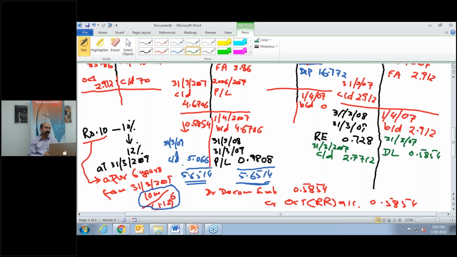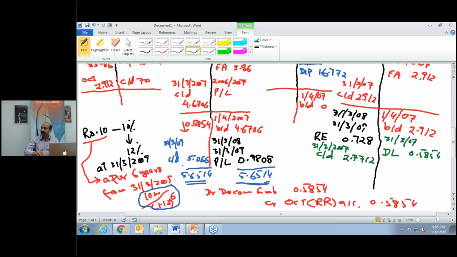Kadir Baksh, please tell me how you calculated 0.9808 unwinding of discount. See, 4.6706 was the decommissioning balance on 1st April 2007. Then I just unwound it with 10% for 2008 and 2009, and then added up these two amounts.